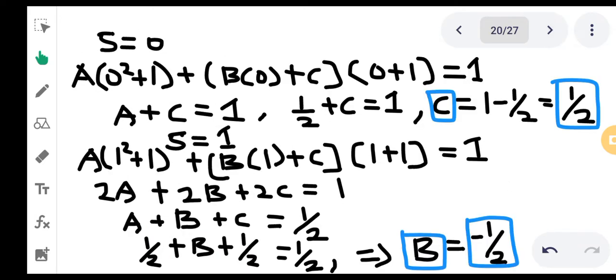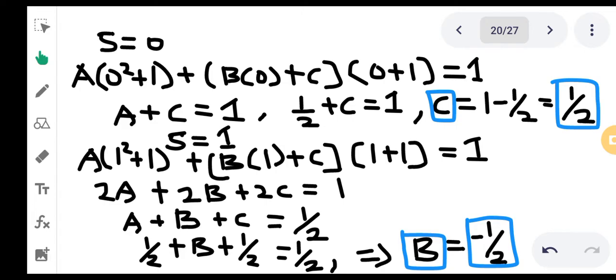Okay. Then we also try to find the value of C. The same thing, we let s be equal to 0. So you know that B times 0 becomes 0, so the B part will go. And here you are going to get A times 1 plus C, and that is equal to 1.